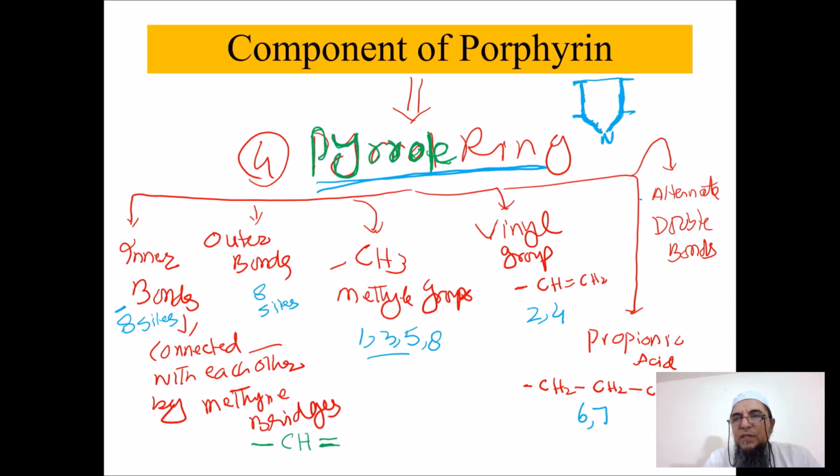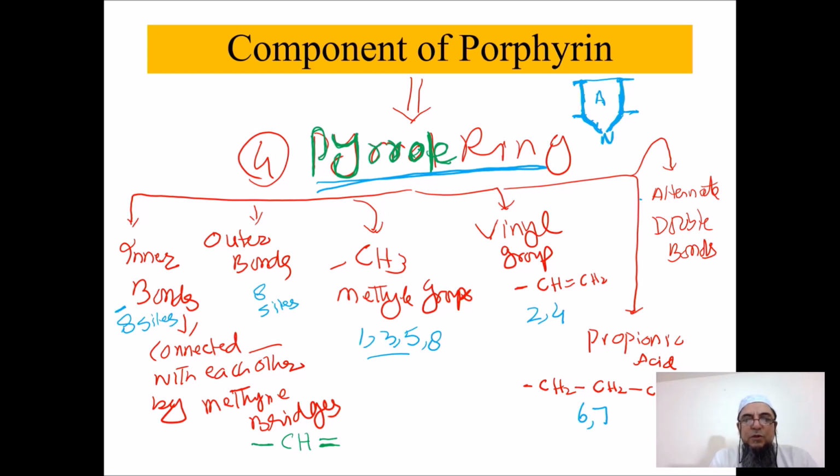Now with the help of these inner bonds, the 4 pyrrole rings are designated from A to D. They are connected with each other with the methine bridges. However, the other outer ends are attached to some other important groups.